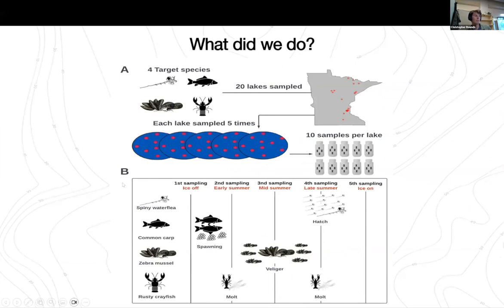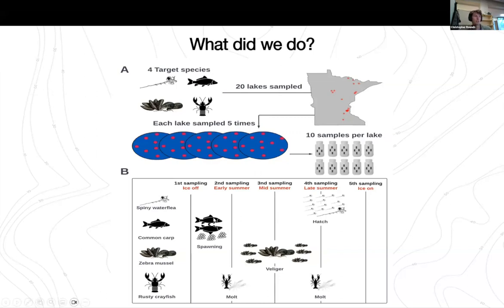And then on this bottom panel here, you can see our hypotheses about when these species might be most detectable based on their life history. So spiny water flea, we thought they would be most detectable around mid to late summer, when they reach peak abundances and start hatching, start getting a lot more active.